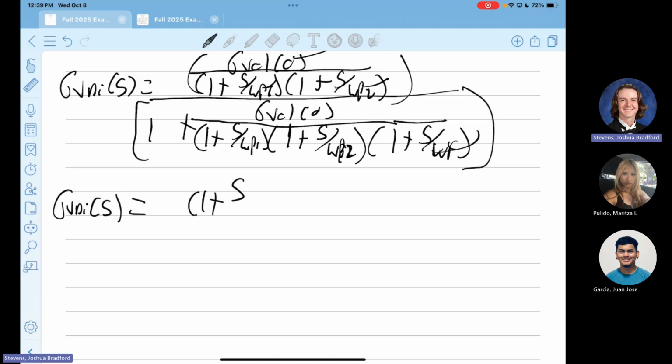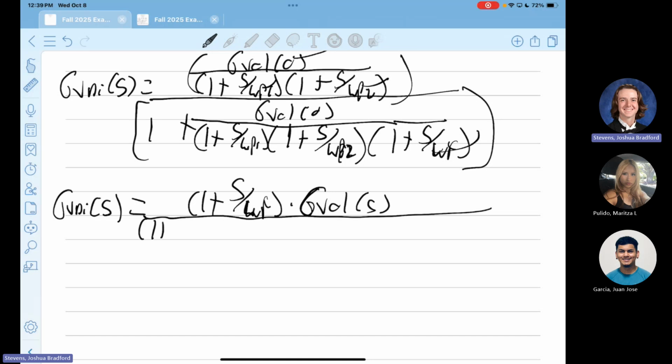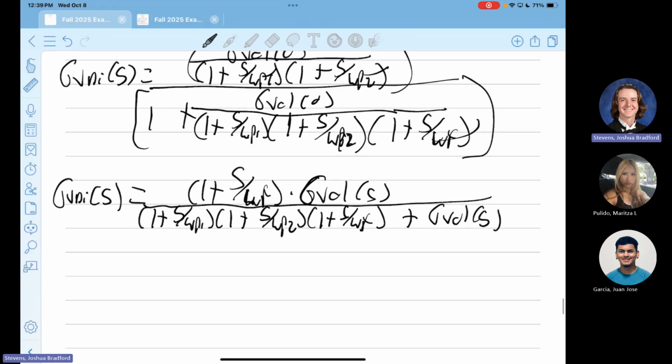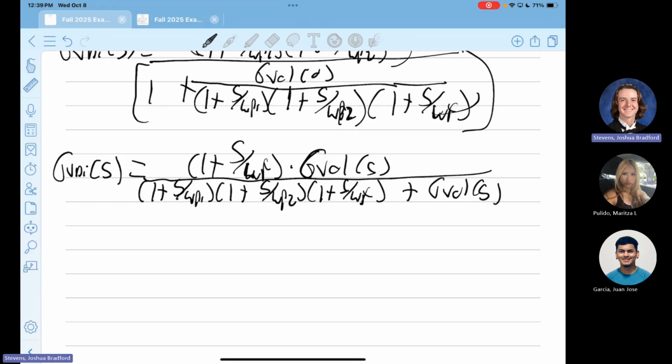1 plus S over omega F times G vol of S, all over 1 plus S over omega P1 times 1 plus S over omega P2 times 1 plus S over omega F, all added by G vol of S. Is there anything in this equation that we have, minus the S, don't think of the S, that we do not have a numerical form for?